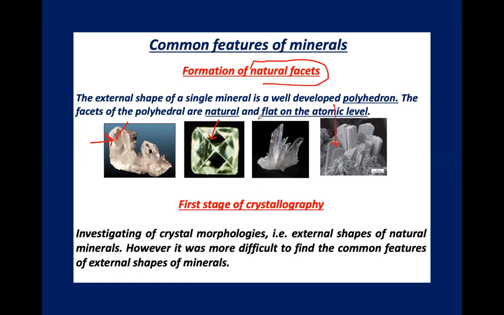and they are flat, not only on the superficial level, but also on the atomic level they are flat. So we can observe them at atomic level using an electron microscope. Normal microscopes you can observe like this and get a picture like this. But in atomic scale, you need to use an electron microscope.